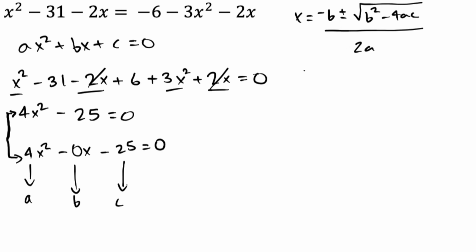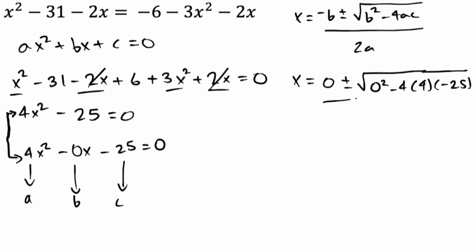So let's make our substitutions directly into this formula, shall we? X is equal to negative 0, 0 doesn't matter, 0 plus or minus the root of 0 squared minus 4 into 4 into negative 25. And at the bottom we have all over 2 times 4.